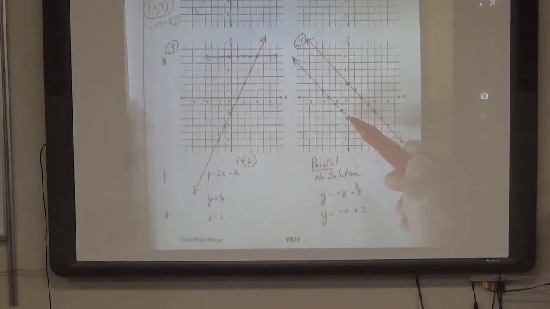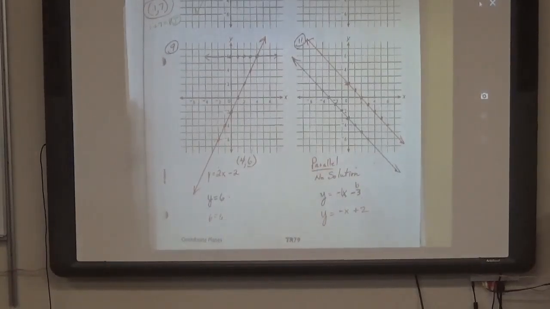And then what's the slope? It's the coefficient of x. There's no number by x. It's a -x, so it'd be a -1x. Whenever there's not a number, it's just 1 or -1.